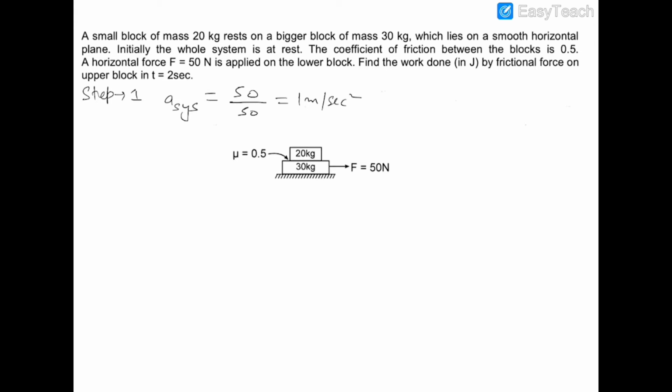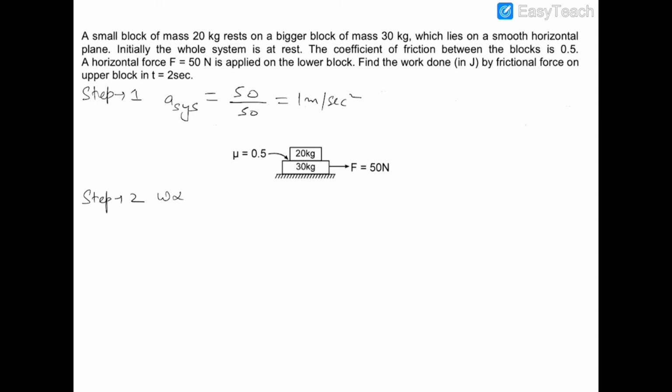Now we need to draw the free body diagram of this 20 kg block, because we need to go in the frame of reference of the block on which the external force is applied. So external force is applied on the 30 kg block, so we need to go in the frame of reference of the 30 kg block.